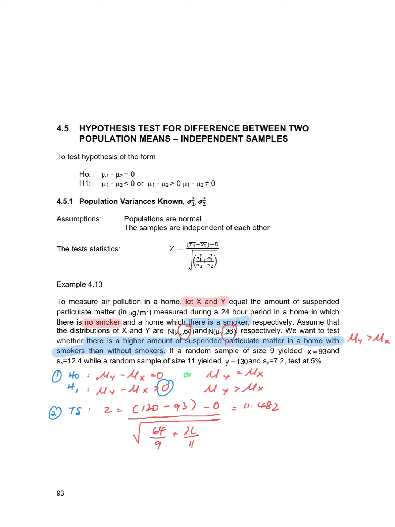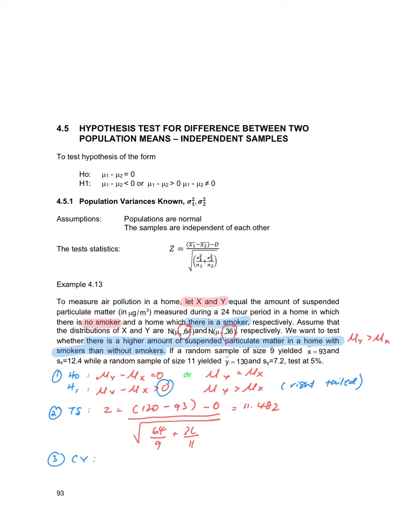Okay, then step number 3, calculate the critical value. So lupa lagi nak tulis. Okay, kat sini tadi we should write as this one is right tail test.